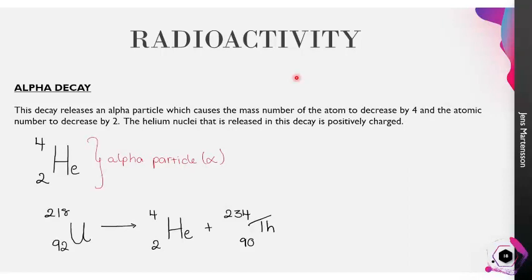The helium nucleus that is released has a positive charge, a 2 plus charge. So this is what our helium looks like, and this is how we will calculate things.